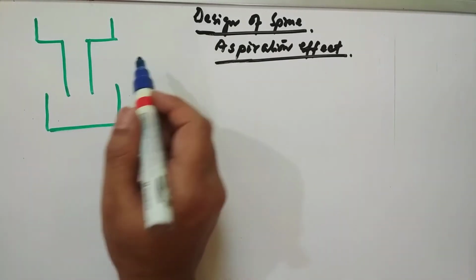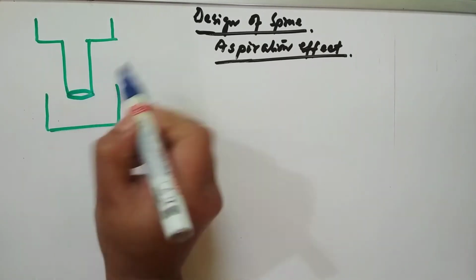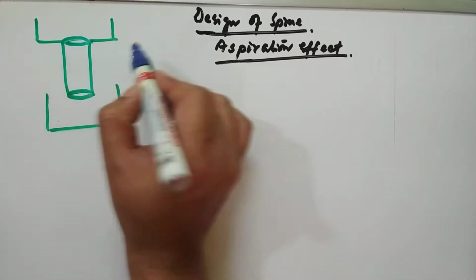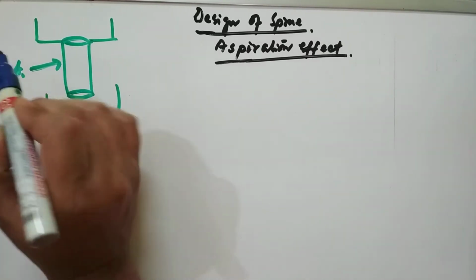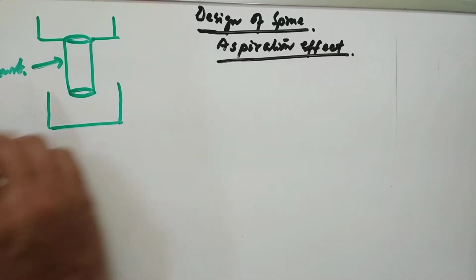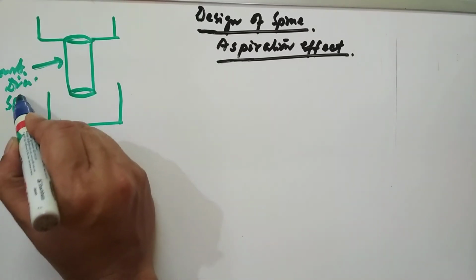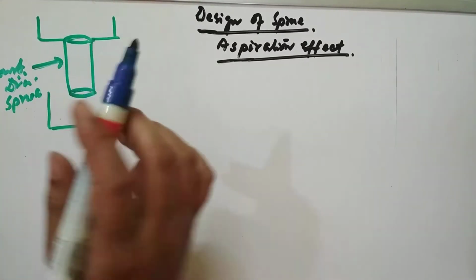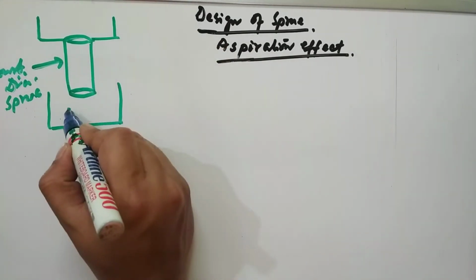This is a typical diagram I am drawing, and this is your sprue having constant diameter. You can write constant dia sprue.